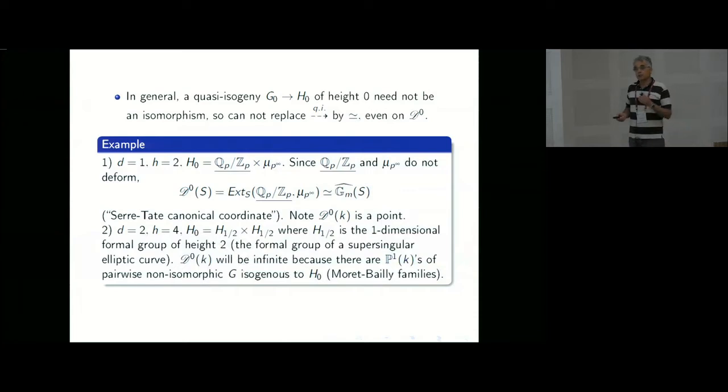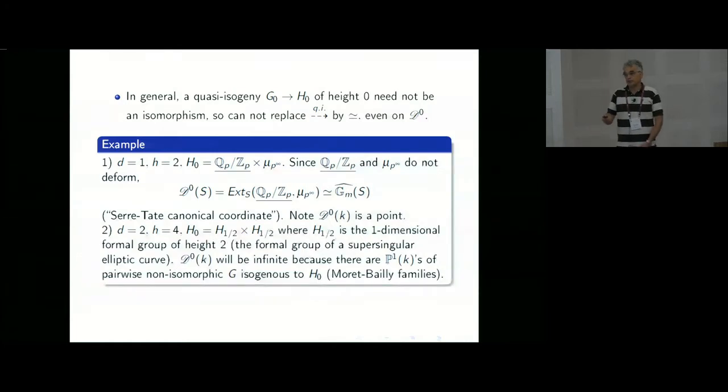Now in this case, we know that mu_p^infinity and also Qp/Zp, since it's étale, or if you want, since it's the dual of mu_p^infinity, do not deform. So the only thing that can deform is the extension class, so to speak. Over a perfect field, remember, it always splits, but over a general ring S, there are interesting deformations that come from extensions.